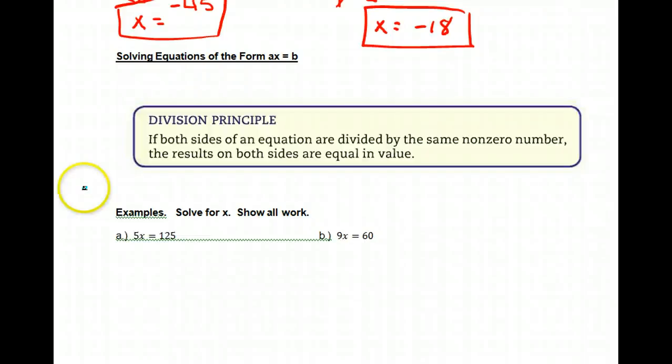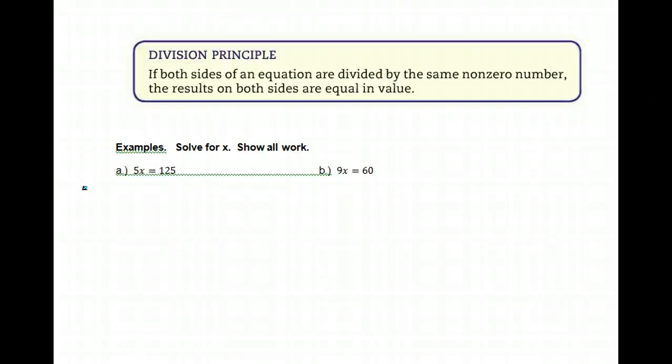So here's how the division principle works. On the left-hand side, we have 5 times x. And you say, well, I need to isolate my x, and it's being multiplied by 5. To undo multiplication, we are going to divide. So as soon as you say that you need to divide, you are going to draw in 2 fraction bars.